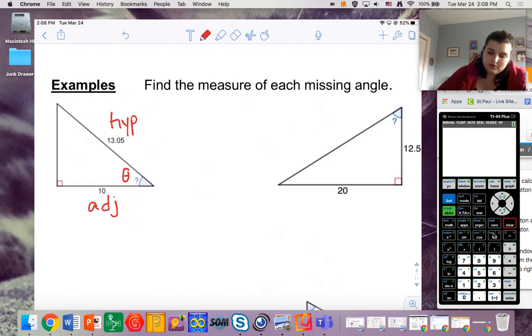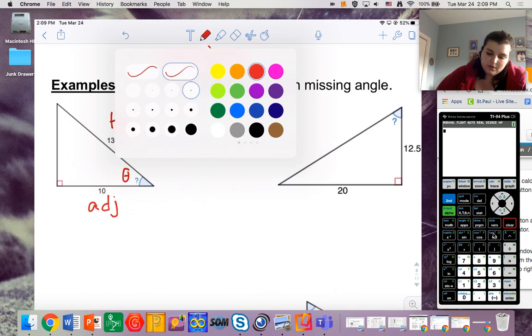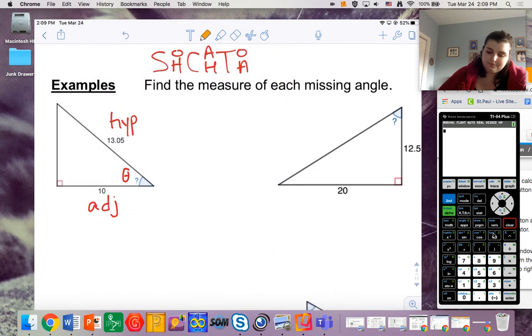So using SOHCAHTOA, I'm going to use cosine. I would usually have cosine of whatever that angle is, the adjacent over the hypotenuse.